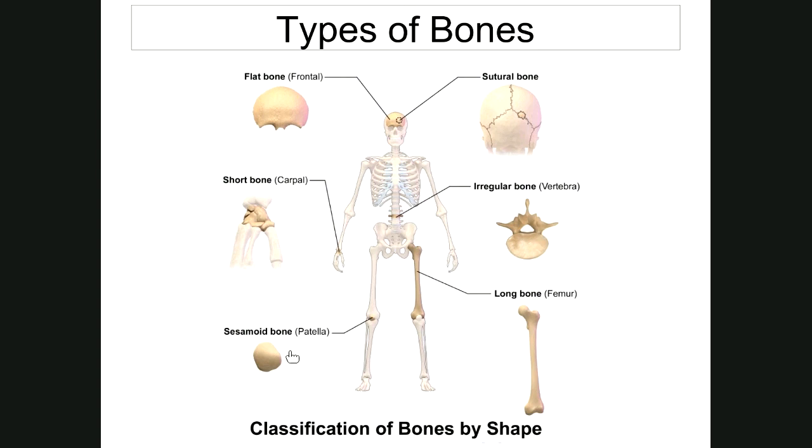Sesamoid bone. Sesamoid means seed. So these are patella. It's a round bone, these little round bones. So it has seed bones, small, round, and flat bones usually embedded in the tendons of the hands, feet, and the knee. The only one that's really named are the ones that are in your knee. Your kneecap is called the patella.